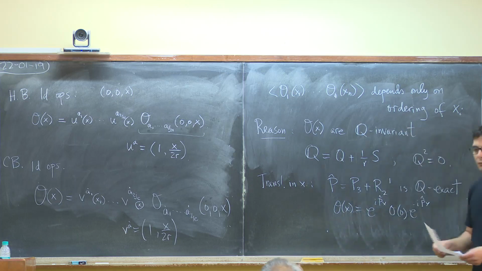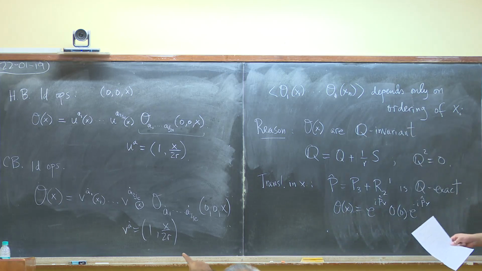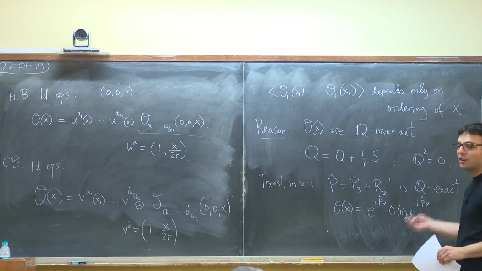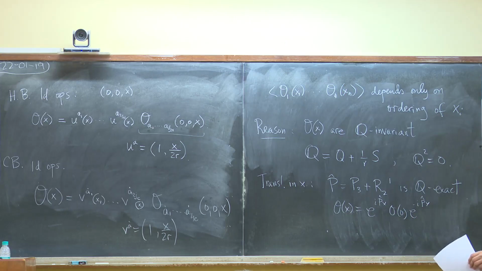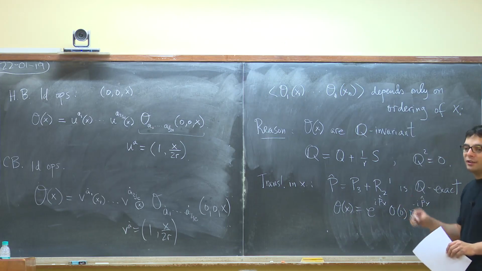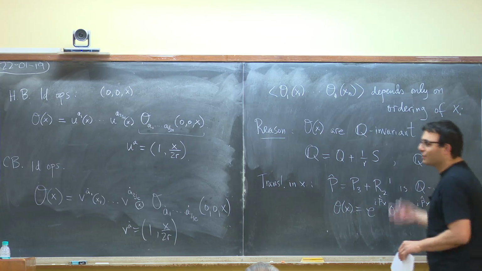Q will act on each operator, right? Right. So you translate any one of the operators and the correlator will not change. That's right. So this is the abstract argument that shows that it's topological. It's important that the other operators are Q closed because otherwise this wouldn't work.